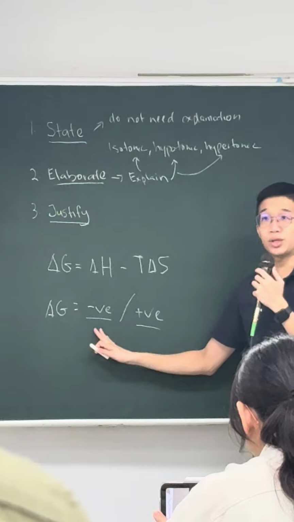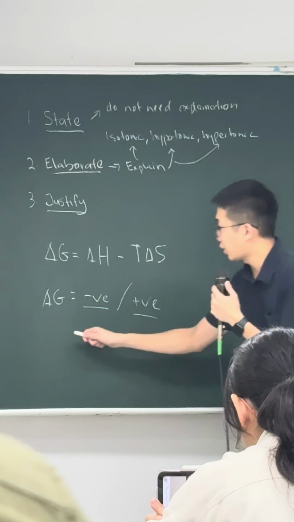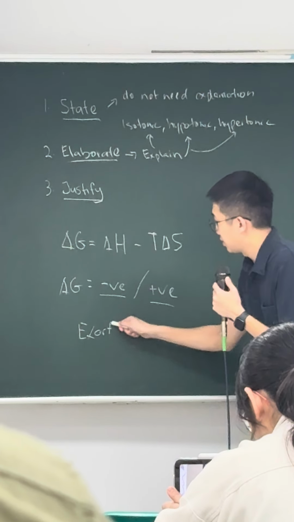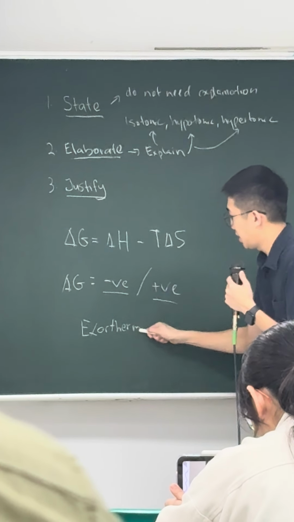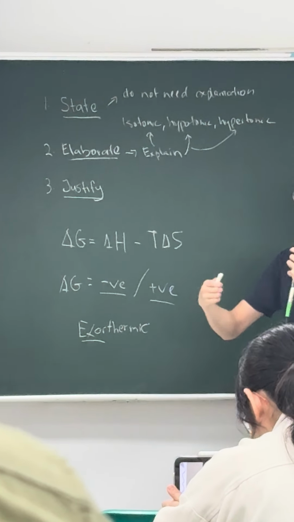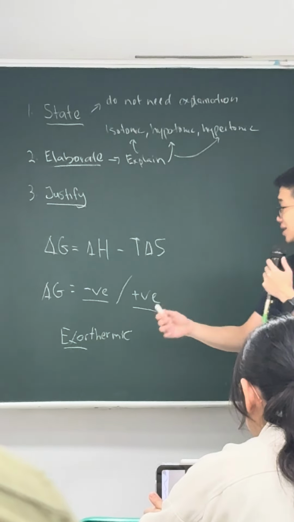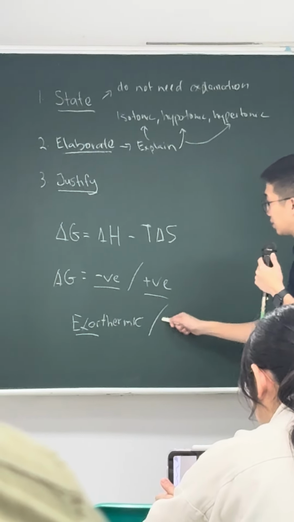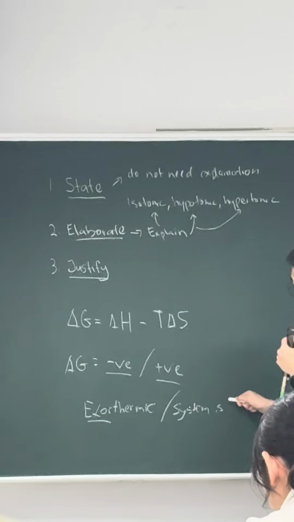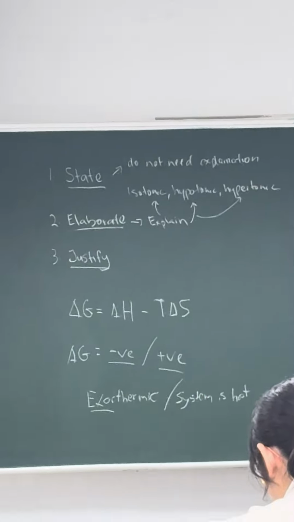This negative, what does it mean? Does it mean exothermic? Then you need to write, if it's negative, then you write exothermic. Exothermic means heat is released from the system.